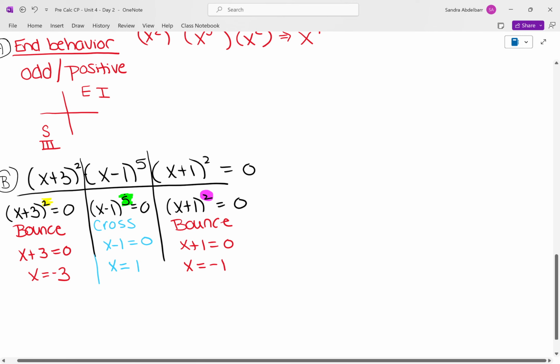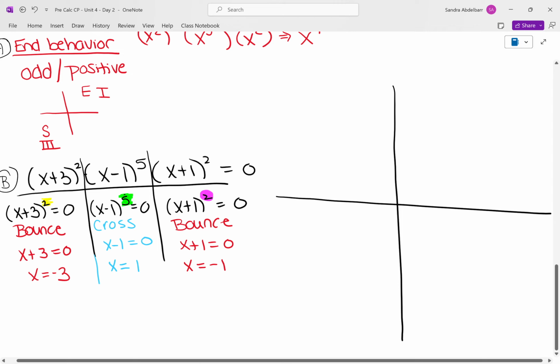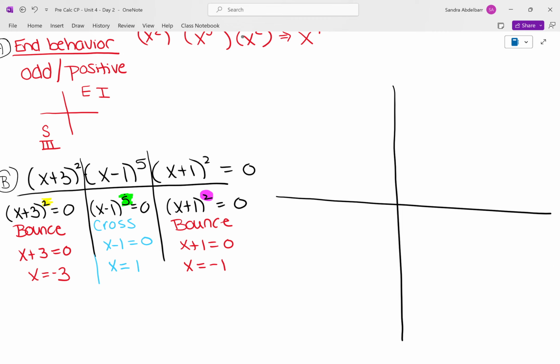All right, are we ready to now actually sketch this? Let's do it. So I'm going to first plot all of my zeros. So we have -3, and then 1 and -1.